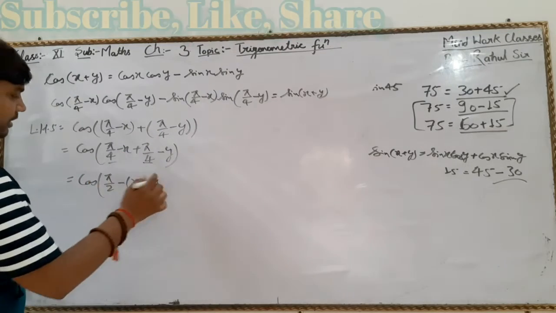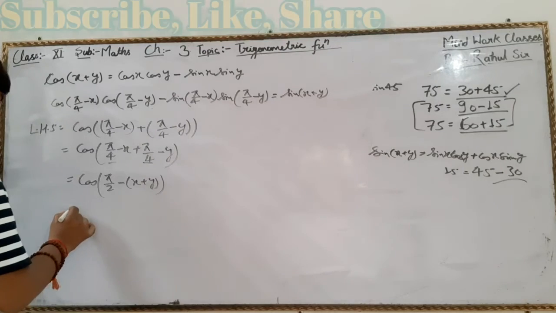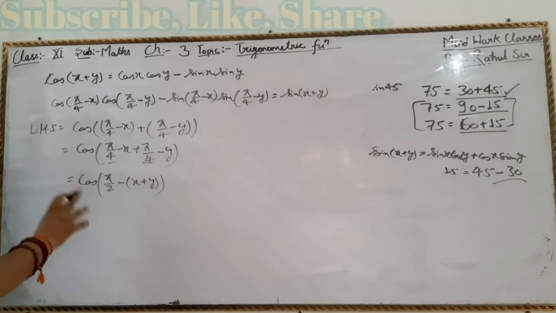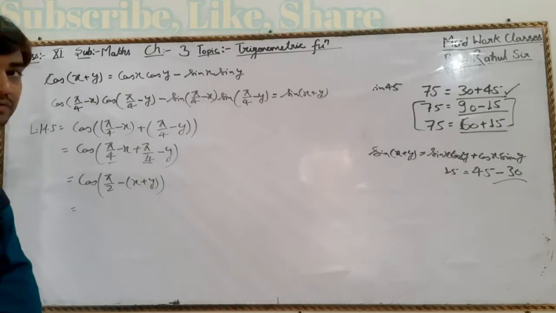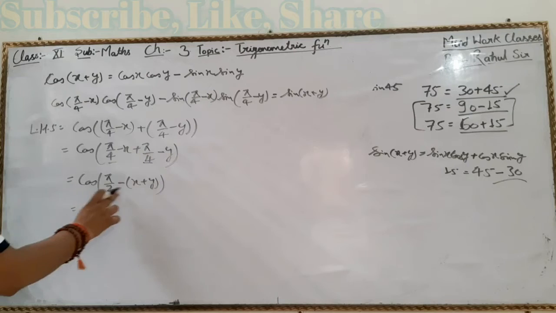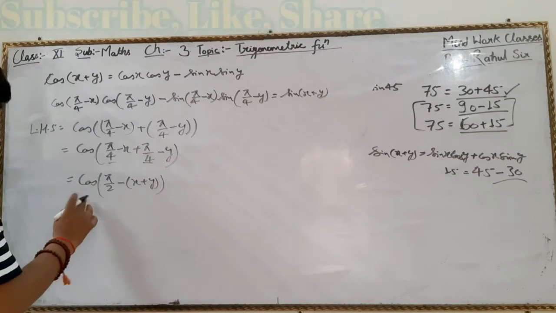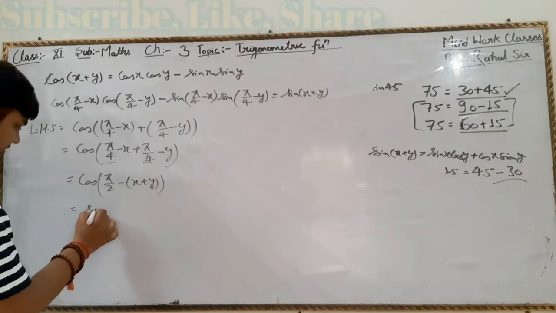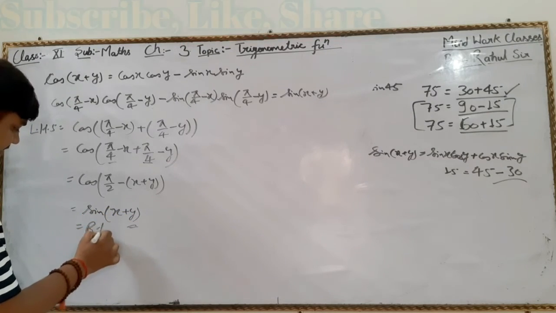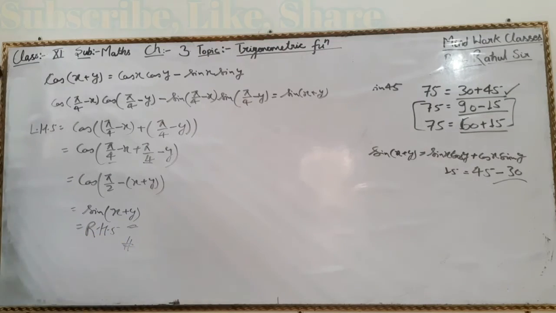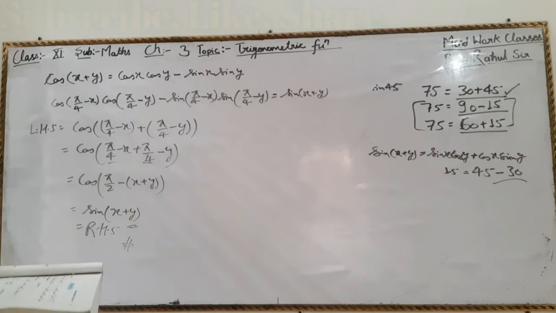Now cos of (pi by 2 minus theta) equals sin theta, so this will be equal to sin of x plus y, and this is the RHS. So this is how we solve these questions. Likewise, we will be able to solve up to question number 9. Take the screenshot. Thank you.